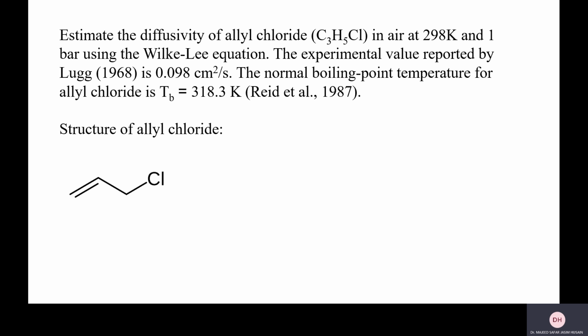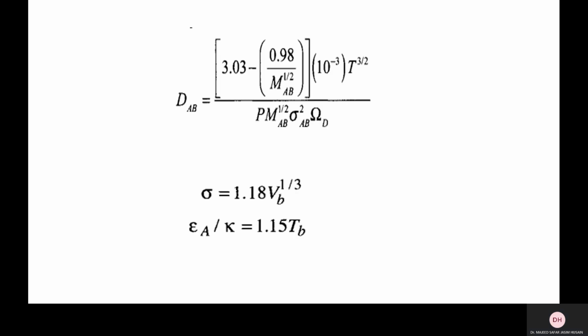The normal boiling point temperature for allyl chloride is TB 318.3 Kelvin. So now you put this value into the equation, and you will get the ratio of epsilon A divided by kappa. So now you got also this ratio. We don't know the value of kappa yet, and you don't need to.